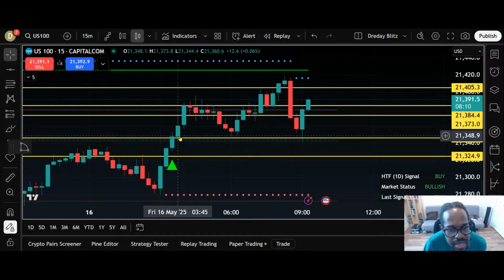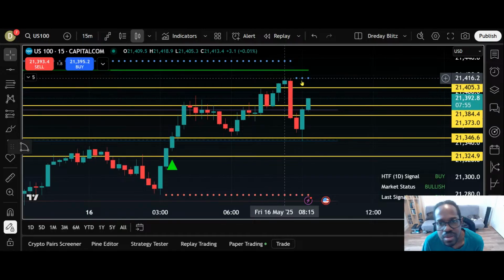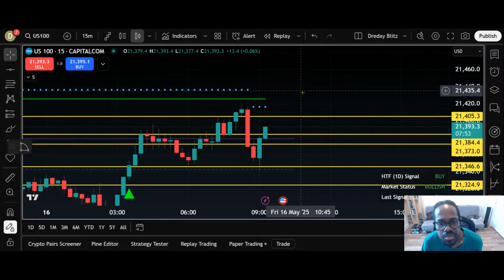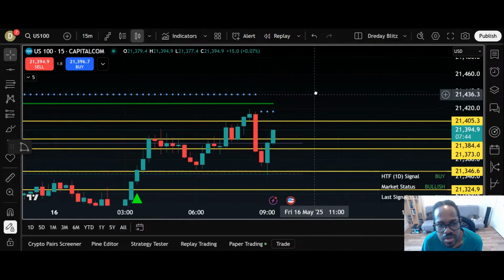So you should be in that trade here. This is your first TP. Second one, price went back to that level, that entry price, and started to go up to hit TP3. And as you can see, price started to reverse off of more or less that level and started to go down, and so on and so forth.